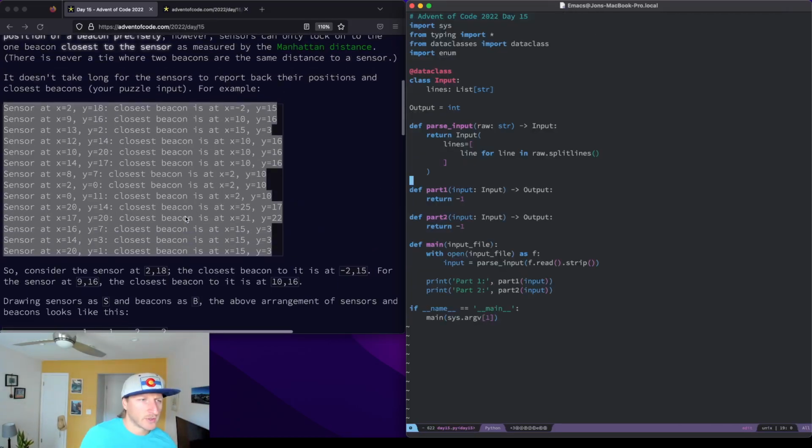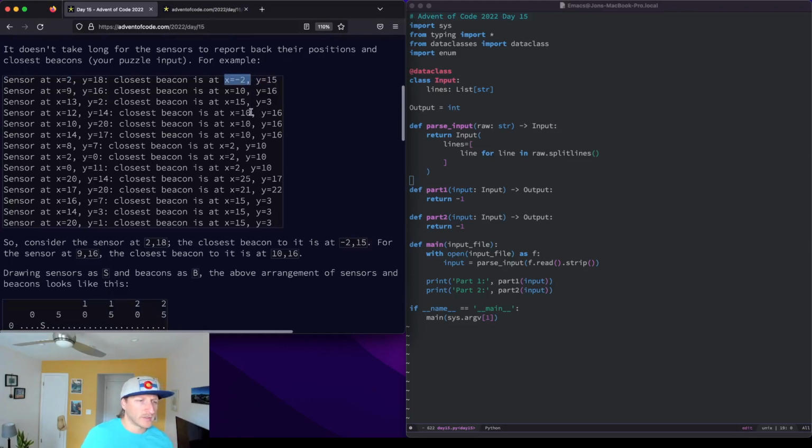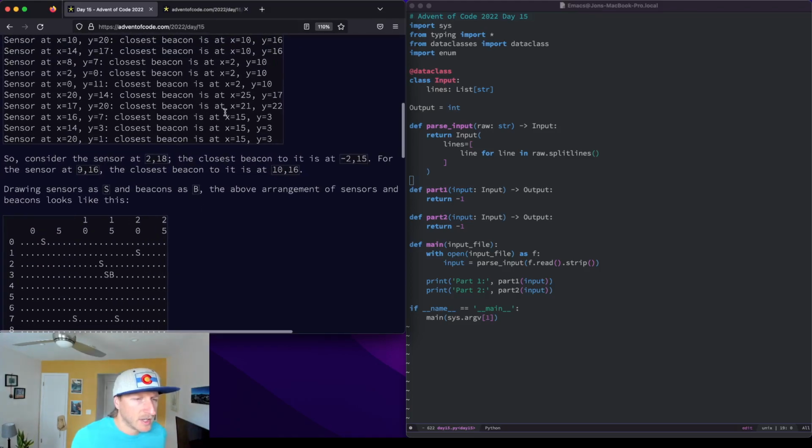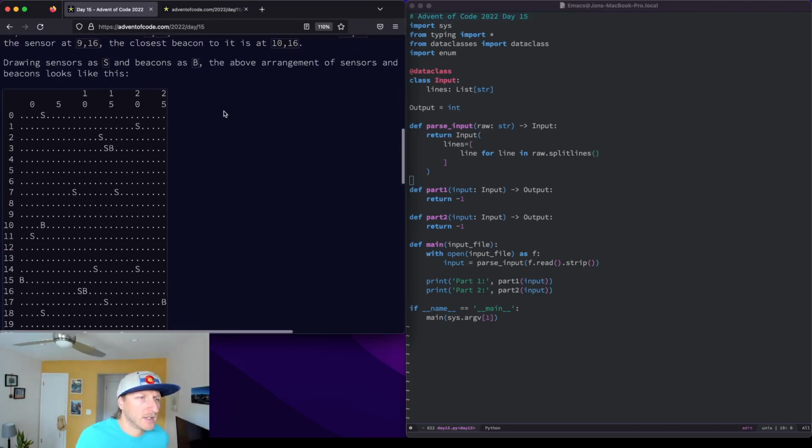So consider the sensor at 2, 18. That's the first sensor here. Its closest beacon is at negative 2, 15. For the sensor at 9, 16, its closest beacon is at 10, 16. Okay. Yeah, is that absolute position? I guess so, right? Not relative position. Drawing sensors as S and beacons as B, the above arrangement of sensors and beacons looks like this.